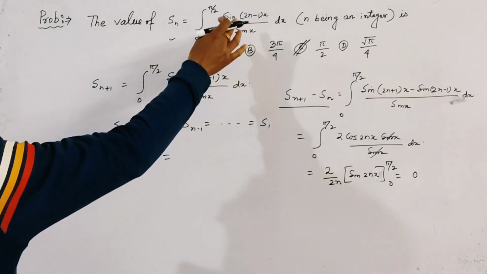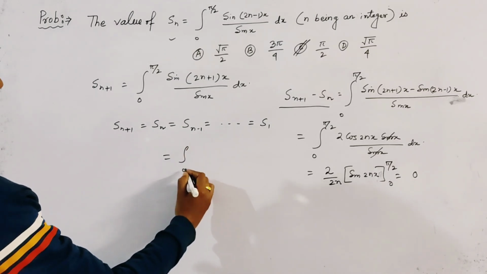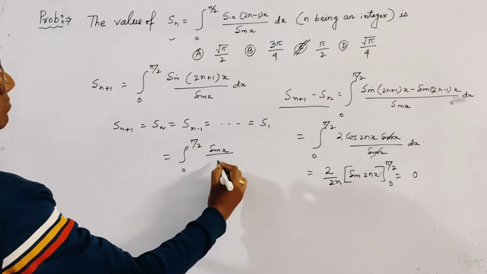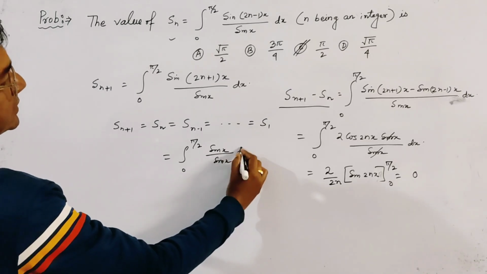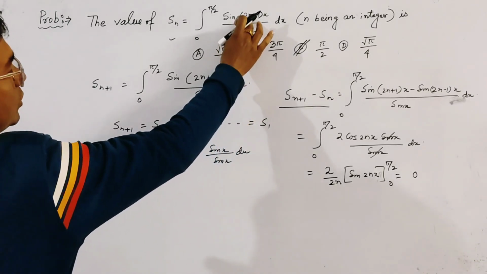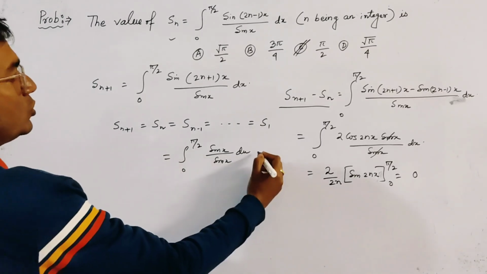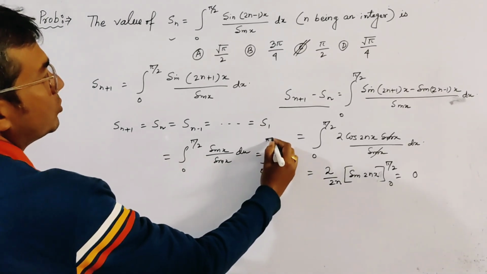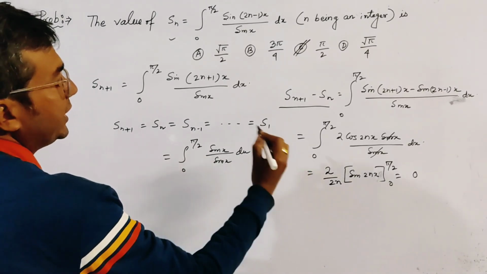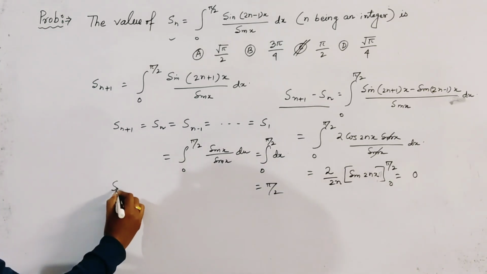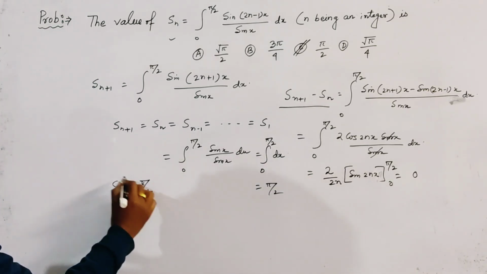We put n equal to 1 here, then this is the integral from 0 to pi by 2 of sin x by sin x dx, because if we put n equal to 1, the numerator is sin x. So this is the integral from 0 to pi by 2 of dx, and this is pi by 2. So obviously Sn is equal to pi by 2.